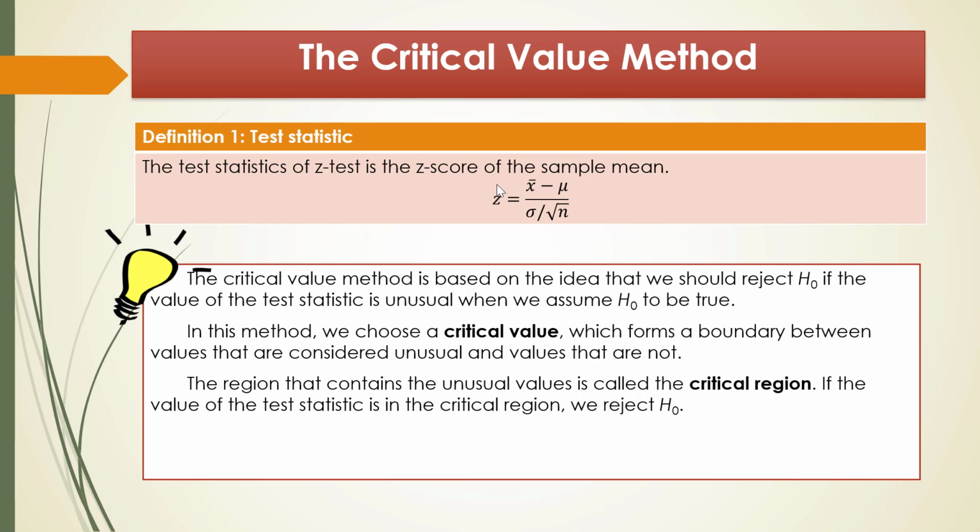The region that contains the unusual values is called the critical region, and the region that contains the usual values is called the acceptance region. So if the value of the test statistic falls into the critical region, we reject H naught. We reject the null hypothesis. That is the idea of the critical value method.